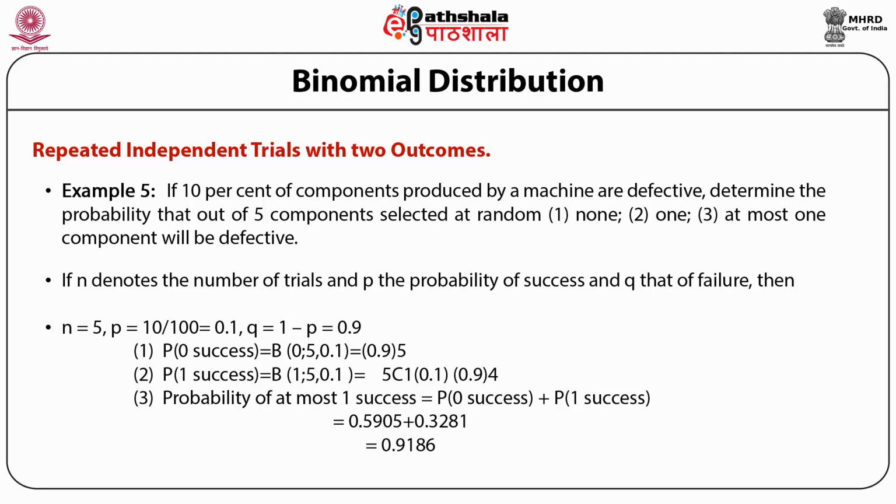To calculate the probability of at the most one success, we solve the probability that no success is got plus the probability that one success is got, and then we sum up both probabilities and have the answer.